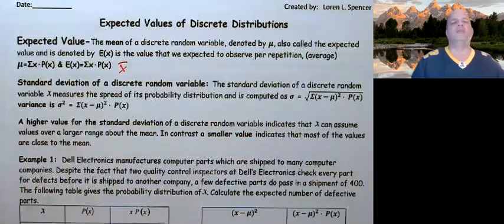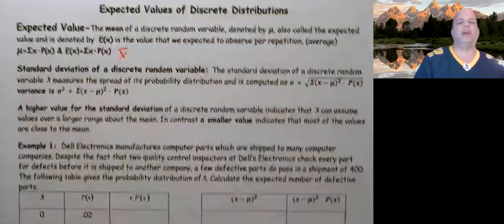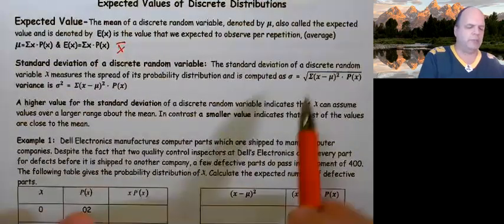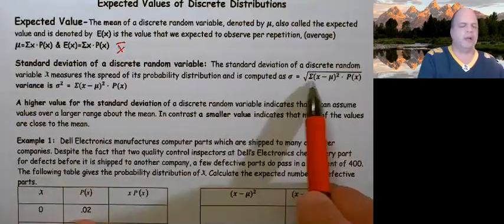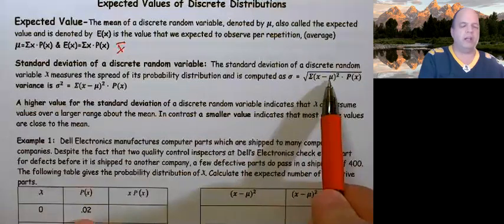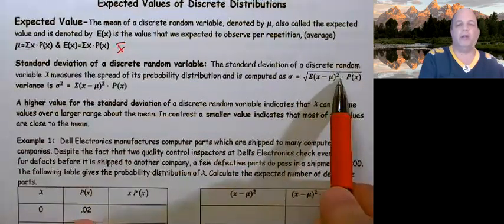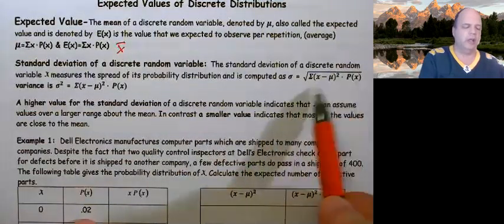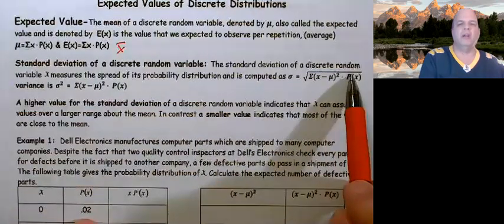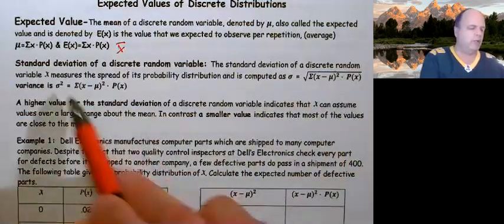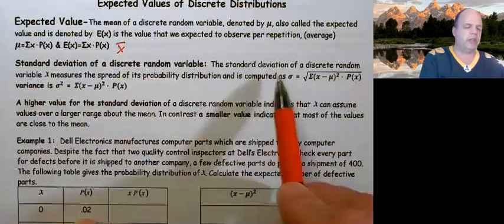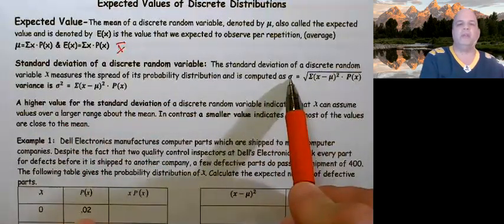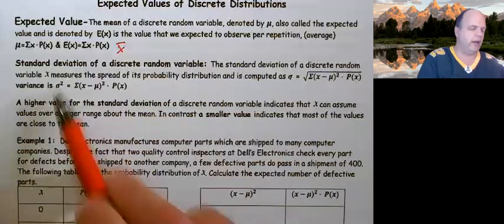All right. Standard deviation is really even scarier. Basically, it's the sum of the individual x's minus the average, squared, and then we multiply by the probability, and then we take the square root of that. The calculator won't give you variance, but that's just the standard deviation squared. So it will give you this, and then you'll just square it, and it'll give you that.